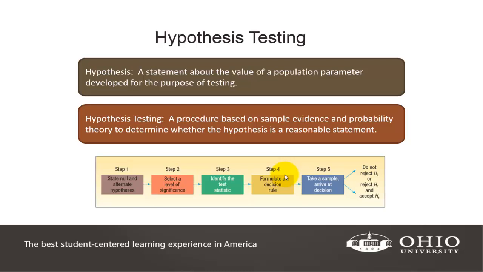And it's going to be based on this willingness to take a risk that I talked about in step 2: how willing are we to make a mistake? That's not the only thing that will be used to determine the decision rule, but it's one of the things we'll use. And then the last step is, based on that test statistic and the decision rule, to actually arrive at a decision.